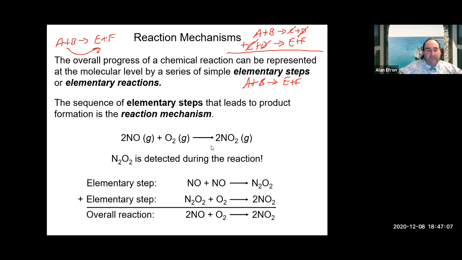Reaction mechanisms try to give a possible way a reaction could take place. It doesn't necessarily mean that it will always happen that way, or that it's 100% of the time the way it happens, but it's a plausible explanation as to how a reaction could take place. A reaction mechanism is based on what are referred to as elementary steps or elementary reactions.